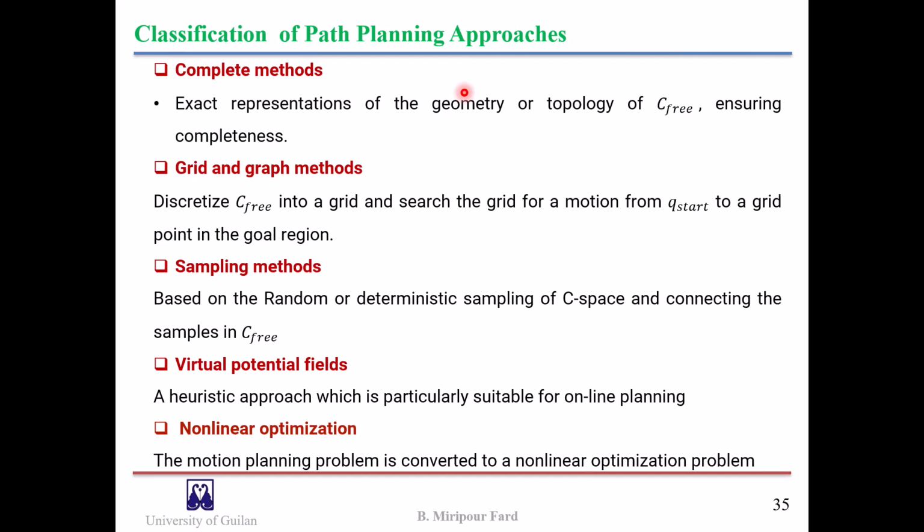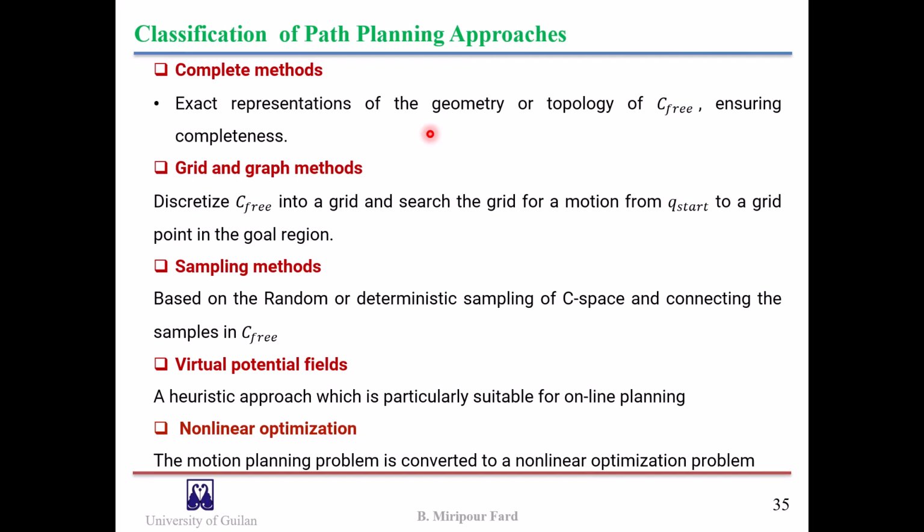There are many methods in the literature for path planning. Here you can see some of them. Complete methods, in which an exact representation of the geometry or topology of C-free is computed to ensure completeness.